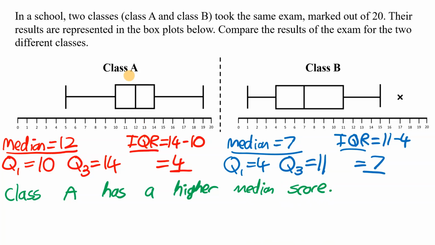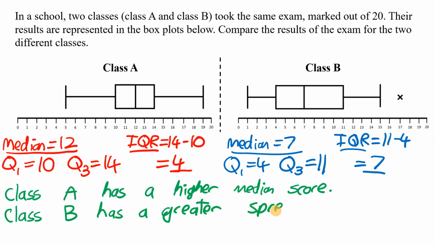So the interquartile range for Class A is 4, and the interquartile range for Class B is 7. So therefore Class B has a greater spread of marks, and then that will get you the full marks.